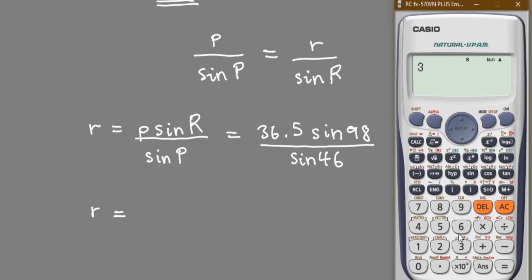We've got 36.5 sine 98. You can hit equals, then divide by our expression in the denominator. Notice we're supposed to put it in brackets, which will prevent you from making any mistakes. r is 50, and correct to three significant figures, it's 50.2.